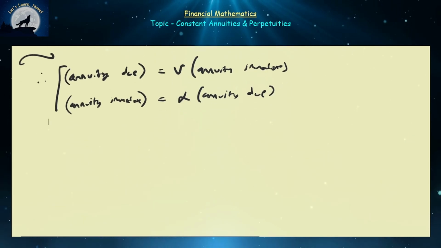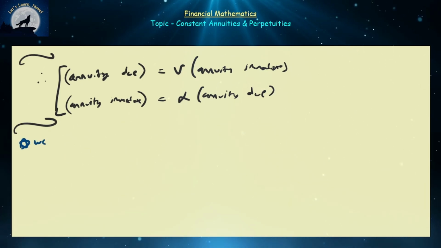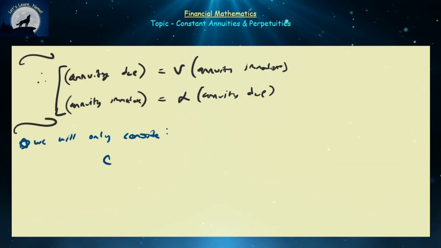Right? So let's actually start doing a little bit of math, because this is going to be extremely important in the pricing of financial products. So we will only consider for today the following particular types of structures, where you have a constant value sequence.